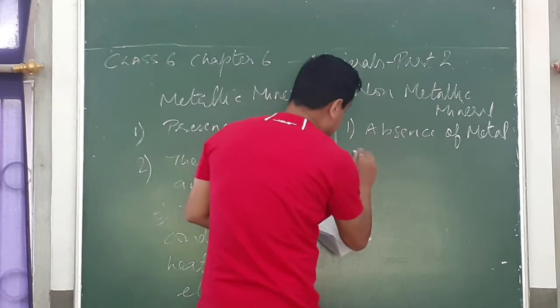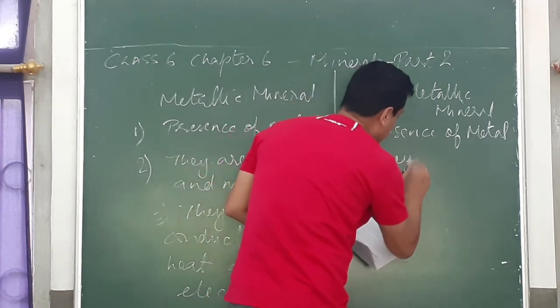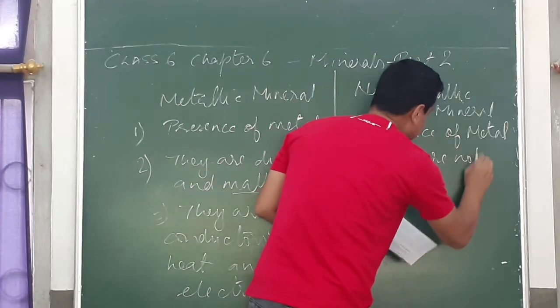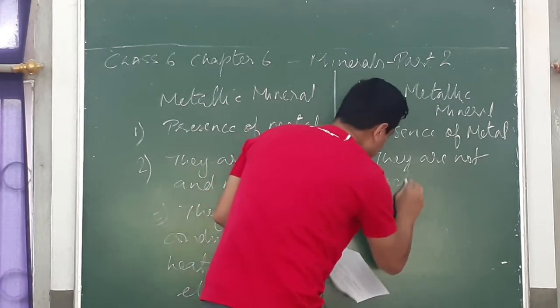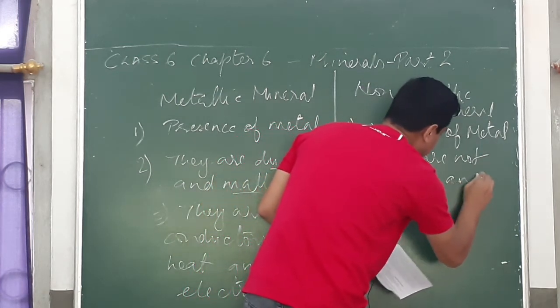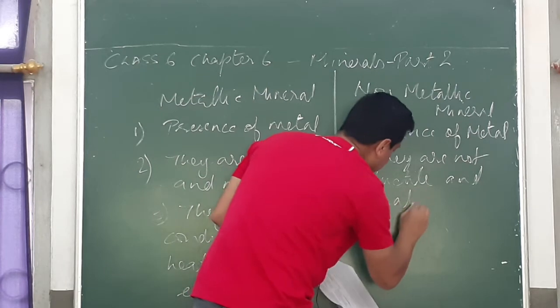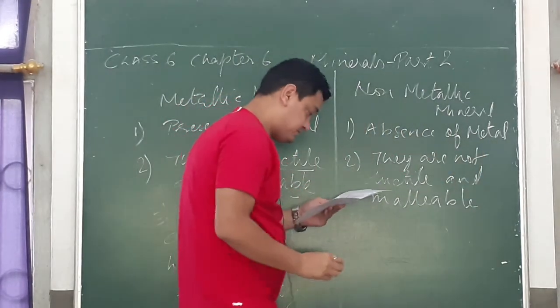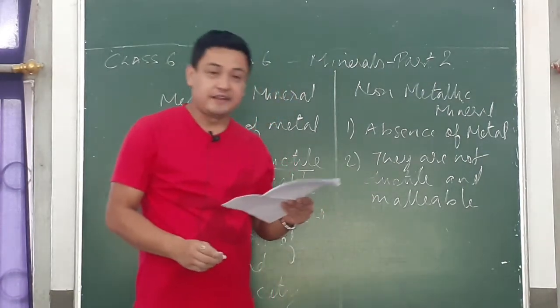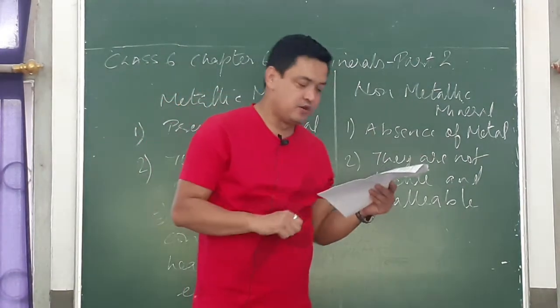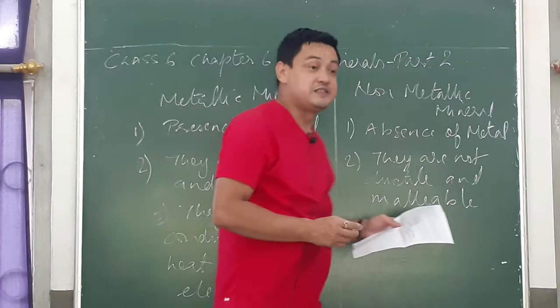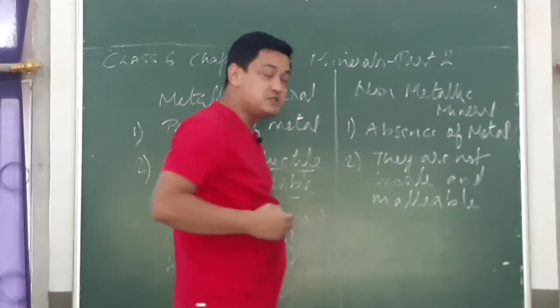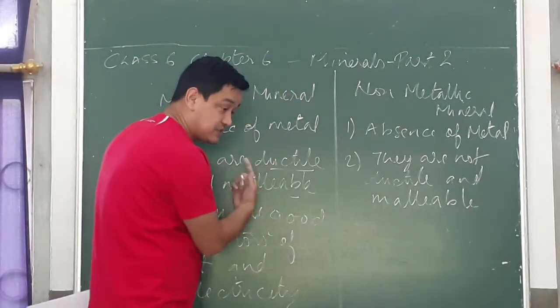Number two, they are not ductile, and malleability is not there. They are brittle and inflexible. You cannot bend it, and it breaks easily. These non-metallic minerals break easily, but metallic ones do not break easily.